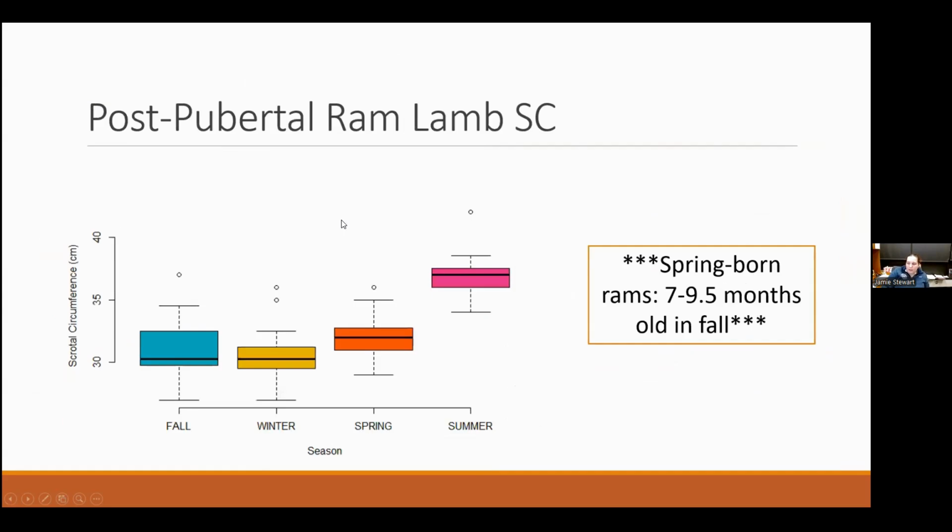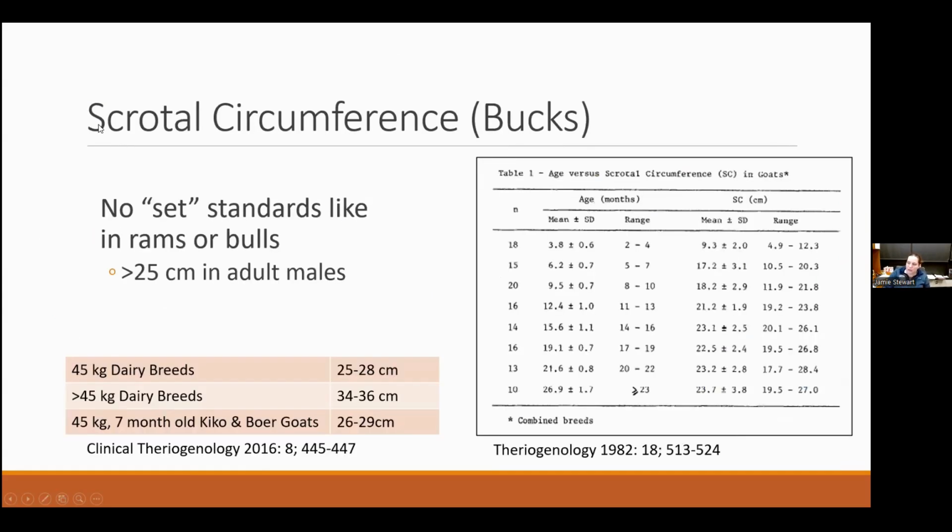For bucks, we have even fewer standards. So I tend to go with 25 centimeters as my minimum cutoff before I start to get worried. But again, I tend to focus more on how they're palpating and what the size is in that individual animal year to year.